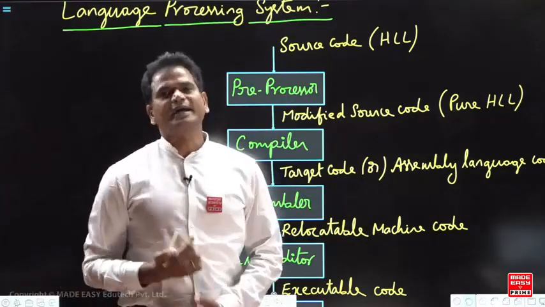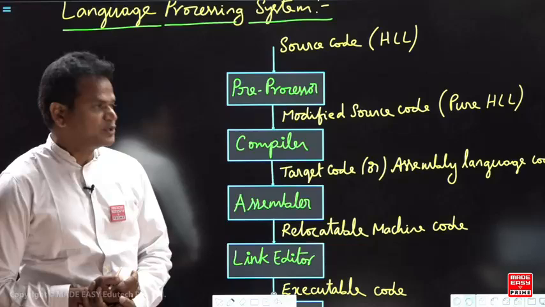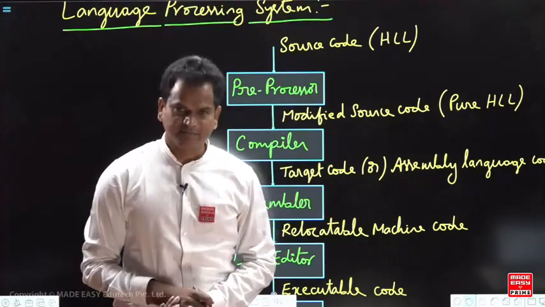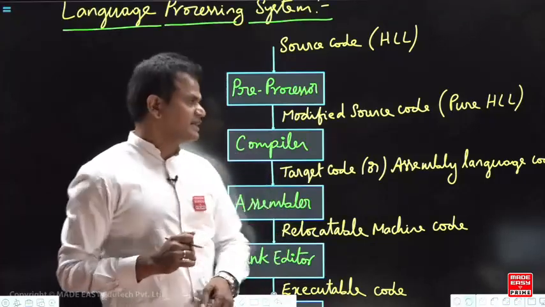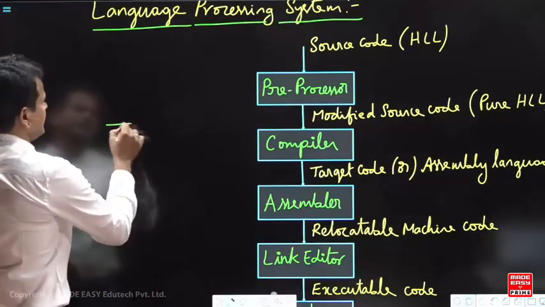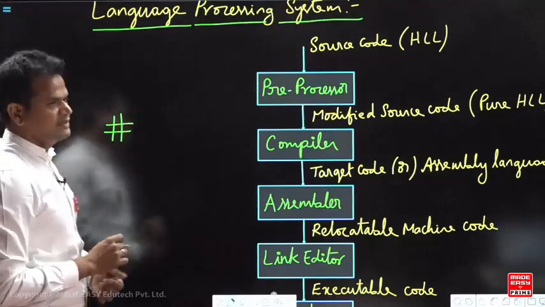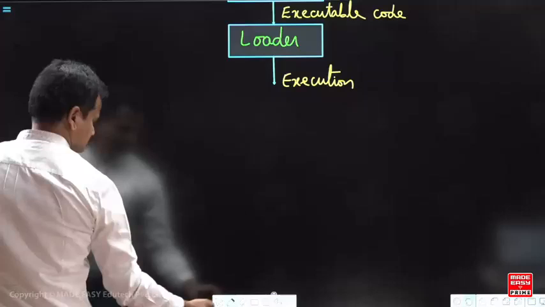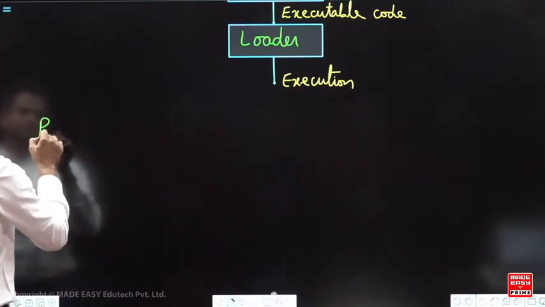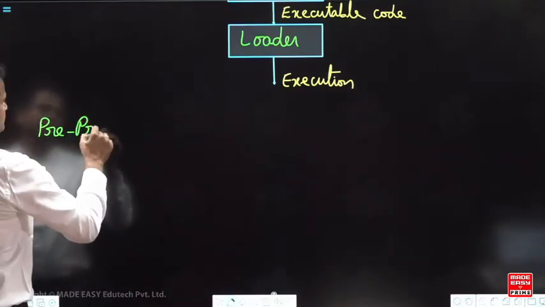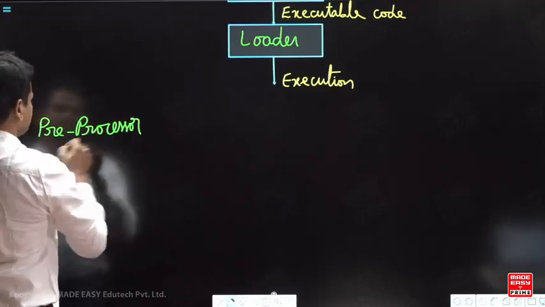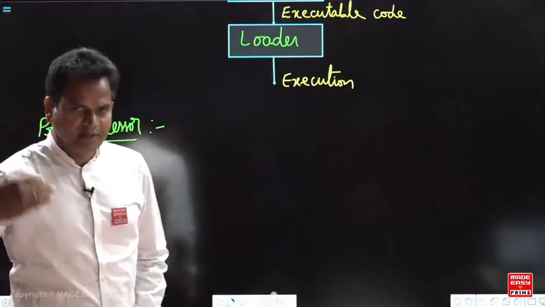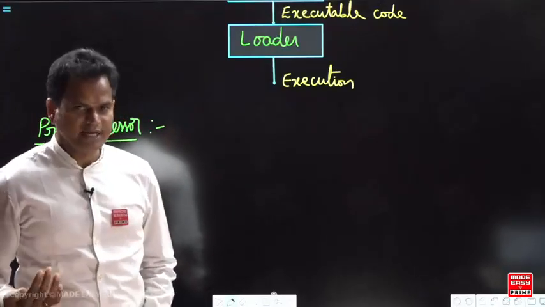So whatever the commands used in preprocessing are called as preprocessor directives. They begin with the symbol hash.